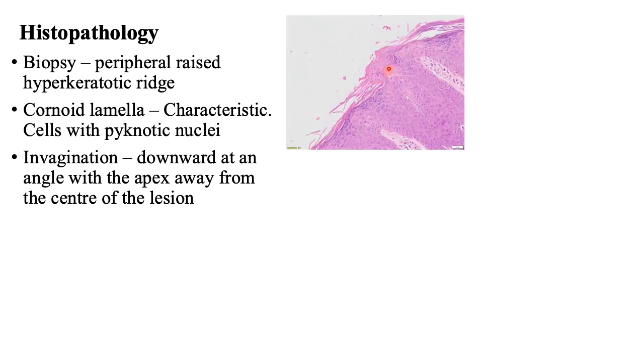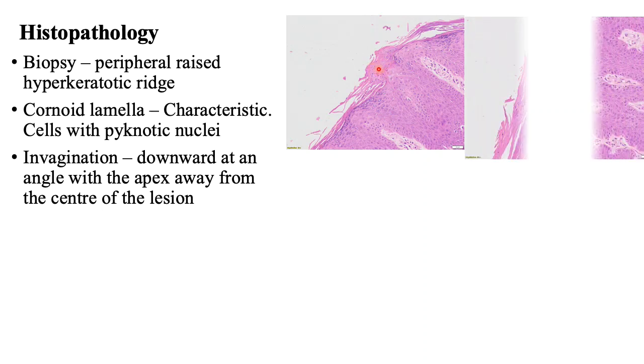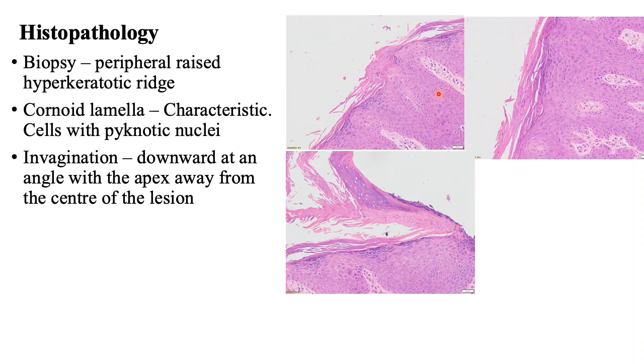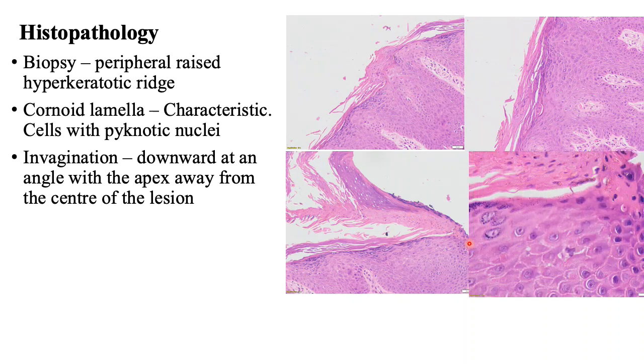In higher power view, you can see the stacks of parakeratosis. So multiple foci of this type of cornoid lamella formation are seen. In deeper section, it shows the formation of proper cornoid lamella, which is the stack of parakeratosis invaginating into the epidermis. And the keratinocytes in the cornoid lamella show pyknotic nuclei.